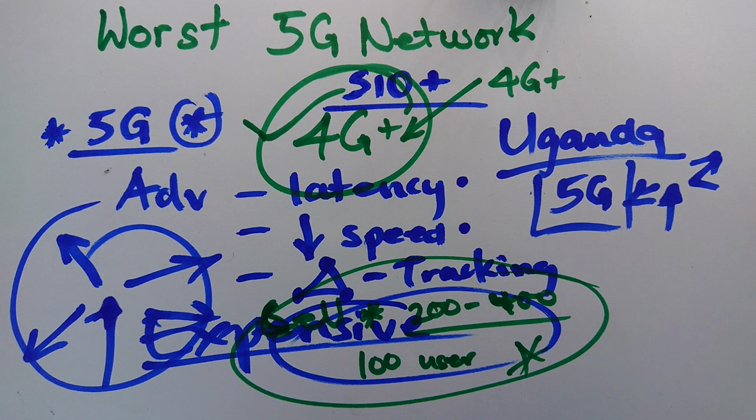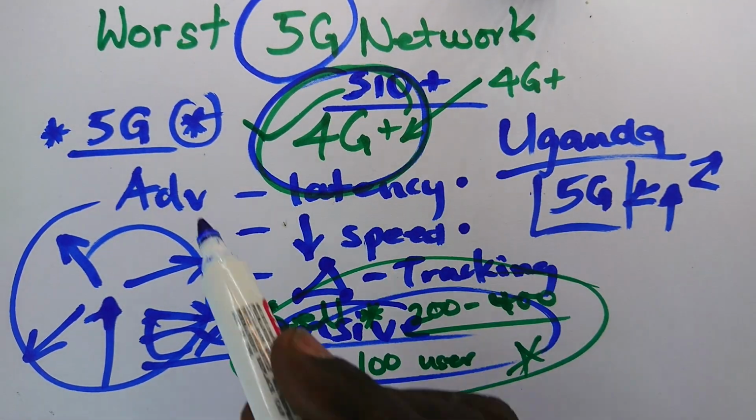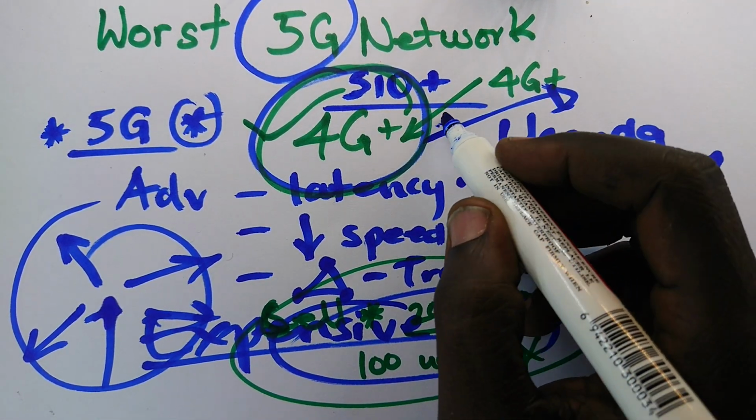So in a sense, this has ultimately been a 5G versus 4G in your area. We are comparing 5G and 4G in your location, and which one would be wise for you to set to.